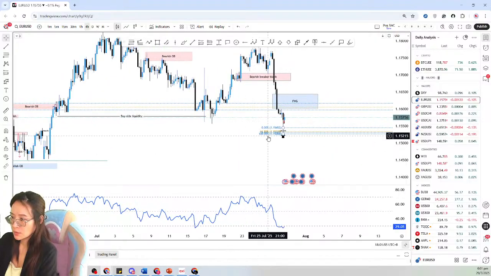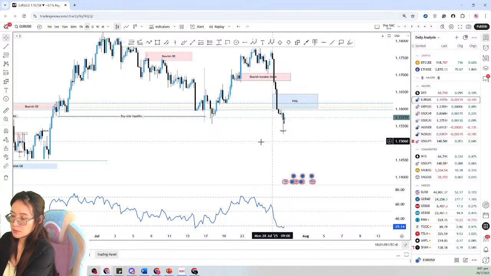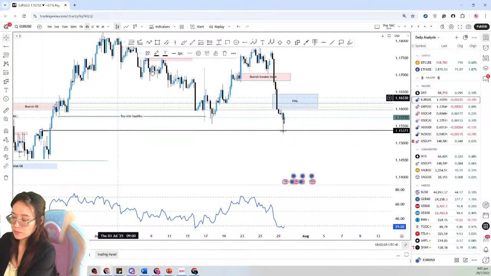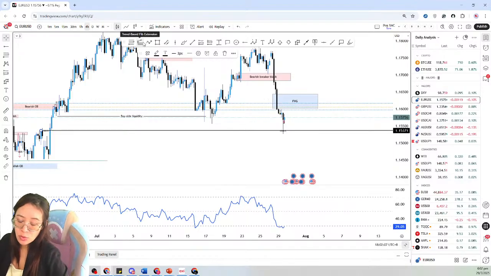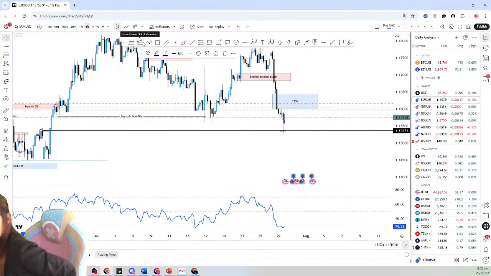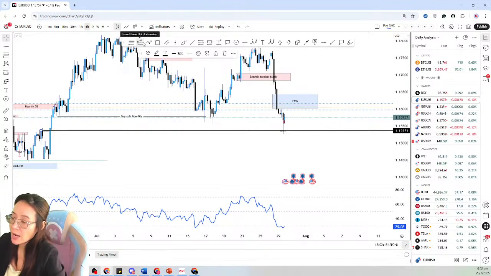Now I have another example for you to look at here. I have already marked out where I enter a buy. This is my level. Let's say there is no order block. Now we can adapt. I adapt the SMC to suit my trading style.